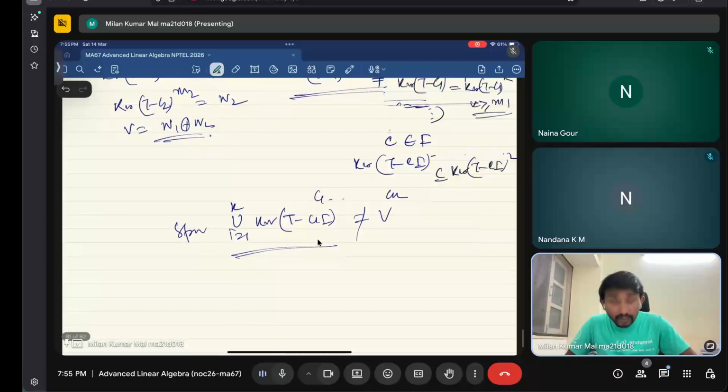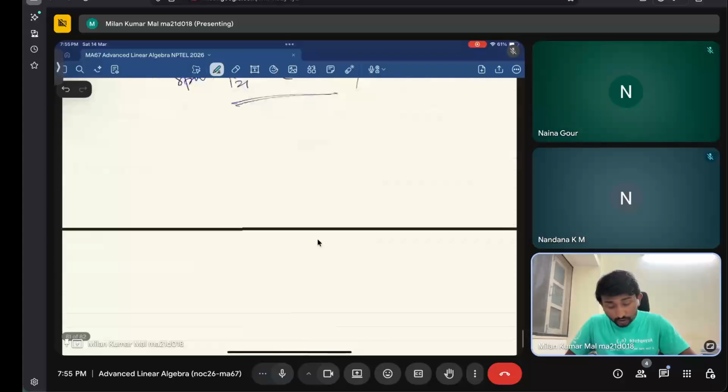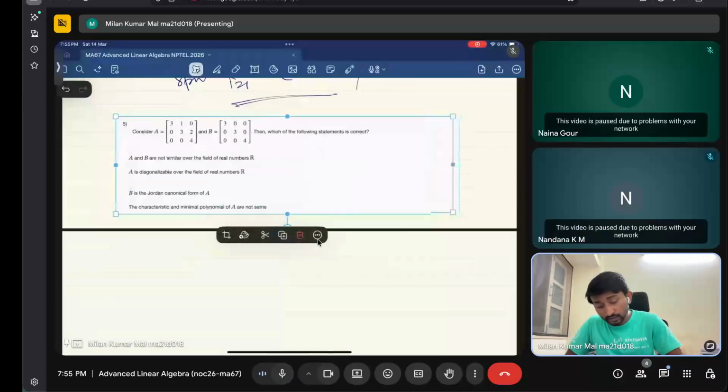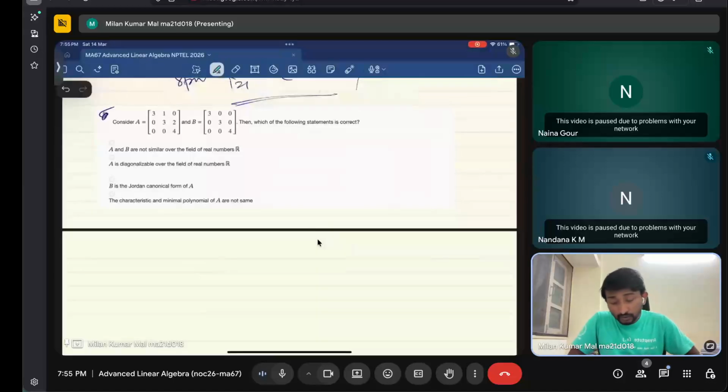Okay, so let me do this, and I hope this will be the last problem. This is another problem, so let's do this quickly. Let A be the matrix with rows 3, 1, 0; 0, 3, 2; 0, 0, 4.